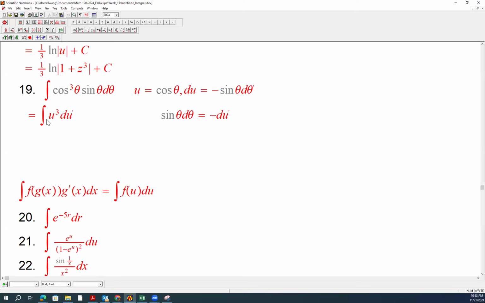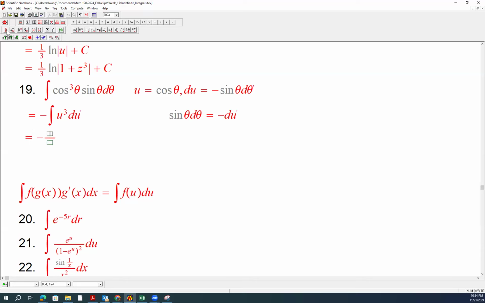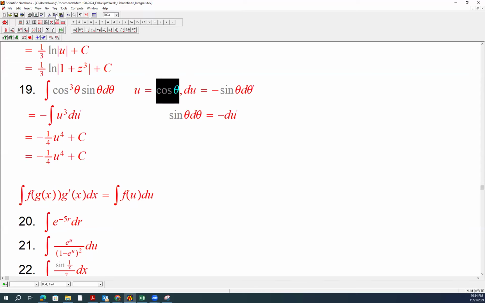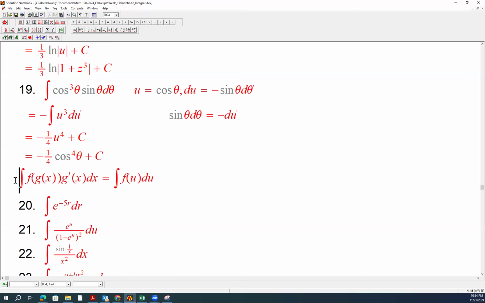Okay, du, and you put a negative sign in the front. And almost there. So negative 1/4 u raised to the power of 4 plus a constant. And last but not least, replacing u. So this is cosine to the power of 4 of theta. Done.